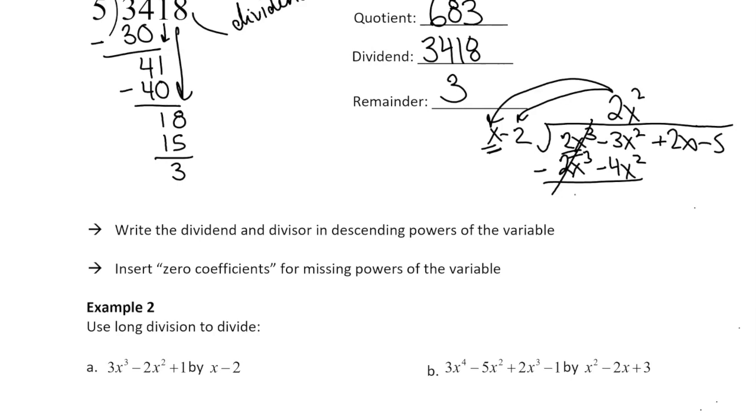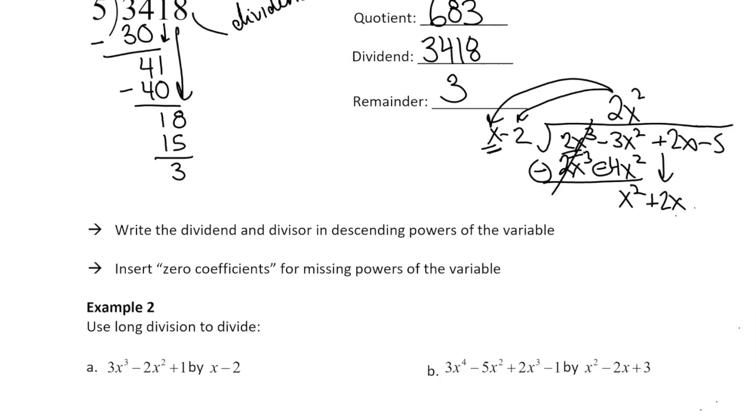And then you'd be left with negative 3x squared, subtract negative 4x squared. We're subtracting a negative. And when you subtract a negative, the two negatives turn into a positive, and you would get negative 3 plus 4, which is going to give us x squared, and then bring down the 2x right here. And we repeat the exact same process.